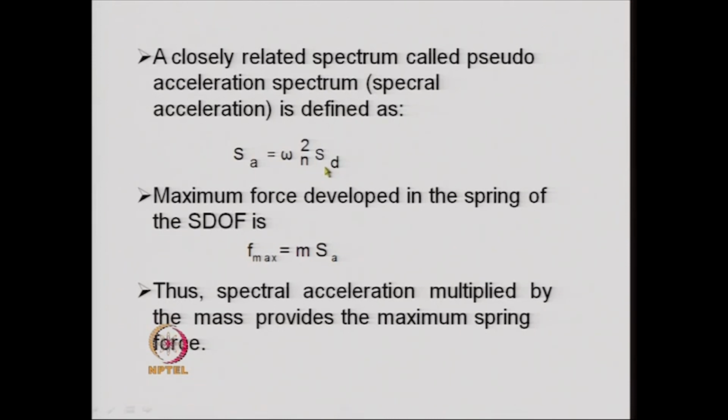Now, one can see that omega n multiplied by Sd is called the Sv, and if it is further multiplied by omega n, then we get the definition of the spectral acceleration.